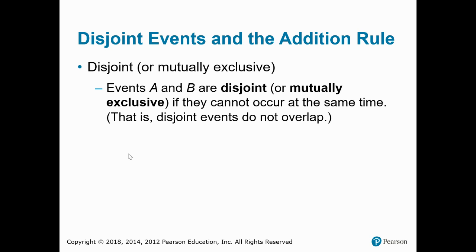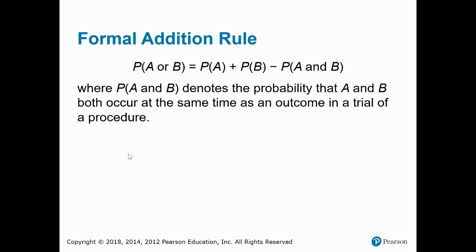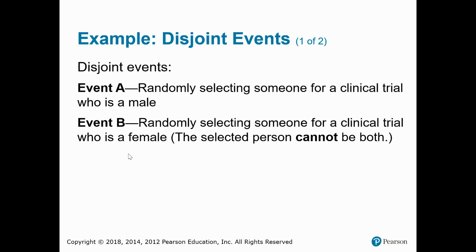Okay. So if it's disjoint, then with our little formula here, the minus probability of A and B is subtracting what? 0, because it doesn't occur if it's disjoint. So if it's disjoint, you don't even have to find the overlap. Okay? Disjoint events don't have any overlap.